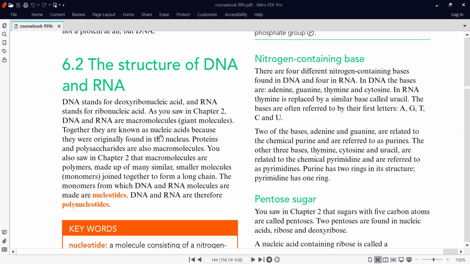So when we talk about the structure of DNA or RNA, generally we call them nucleic acids. Wait a minute, I'm switching the screen.